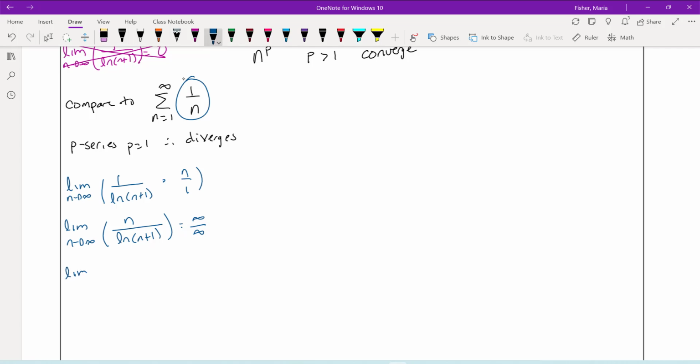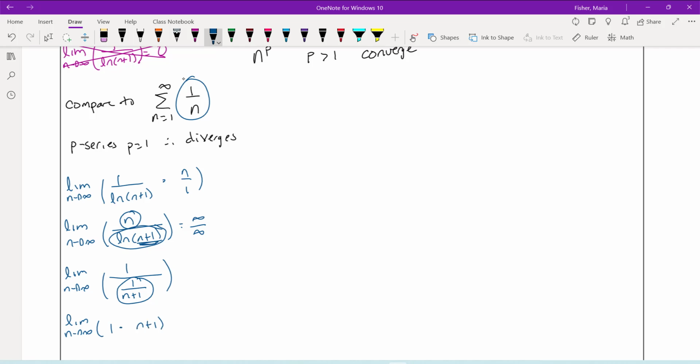So we're looking at the limit as n goes to infinity of the derivative of n, which is 1, over the derivative of the natural log of n plus 1, which is the derivative of n plus 1, which is 1, over itself, n plus 1. If we're dividing by a fraction, it's the same as multiplying by its reciprocal.